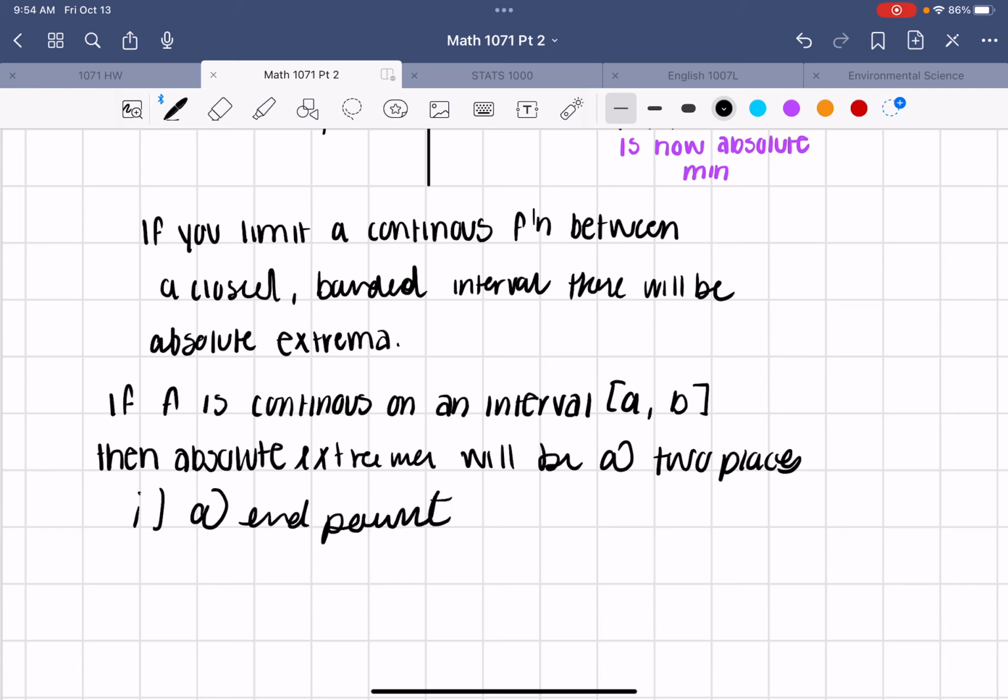And the good news is you don't have to graph. These guys you don't have to graph.